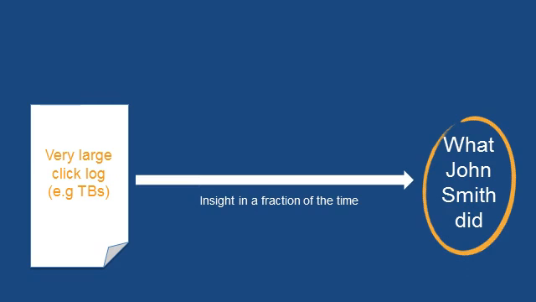So that's what EMR is all about, really, is managing that process of distributing a task across a number of different processing or compute nodes, executing the task, and then consolidating the results together and giving you your information back.